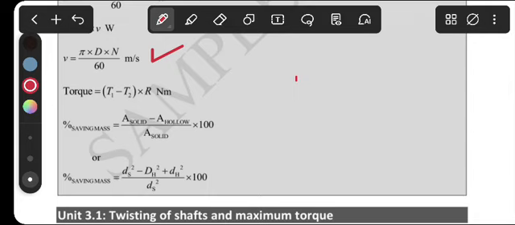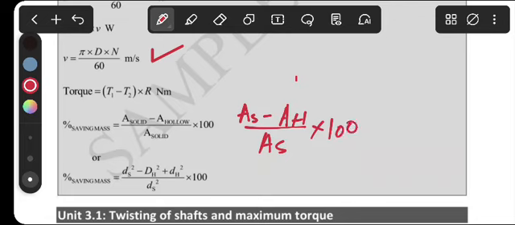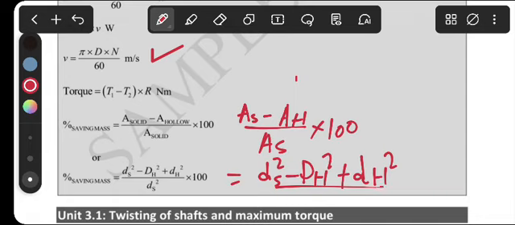The saving in mass, you're supposed to remember, is the area of the solid minus the area of the hollow, divided by the area of the solid, multiplied by 100. Or for saving in mass, you can use the diameter squared of the solid minus the outer diameter of the hollow squared plus the inner diameter of the hollow squared, divided by the diameter of the solid squared, multiplied by 100.